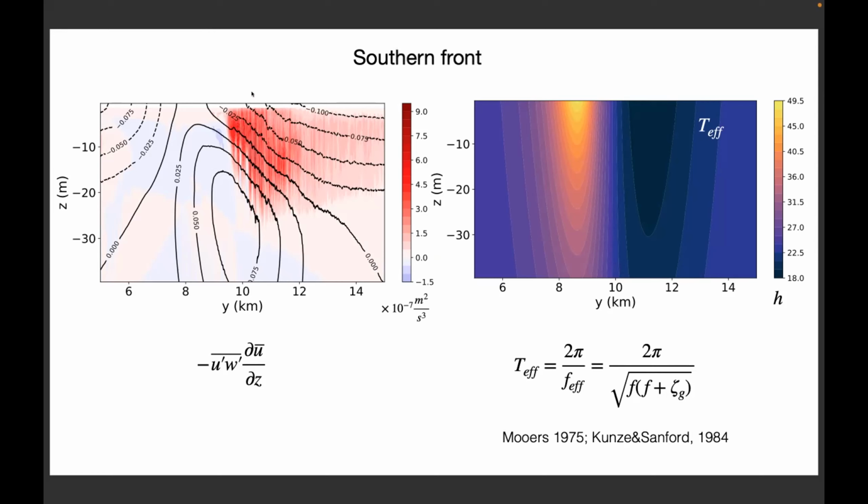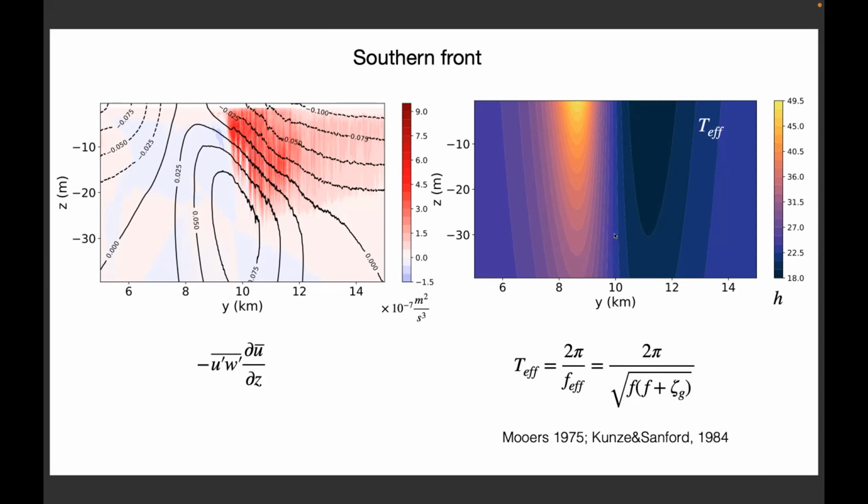This can be explained by the effective inertial period, which is just 2 pi over the effective Coriolis frequency, which is a modulation of the Coriolis parameter by the vertical geostrophic vorticity, as shown by, for example, Mooers 75 or Kunze and Sanford 85. And if we look at the inertial periods, there are large differences.